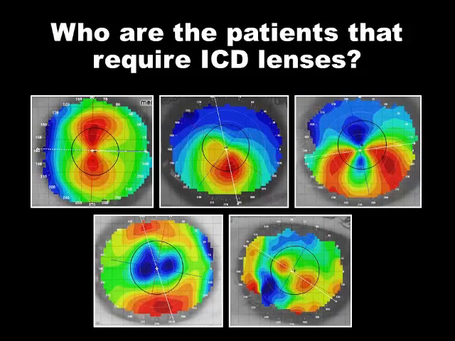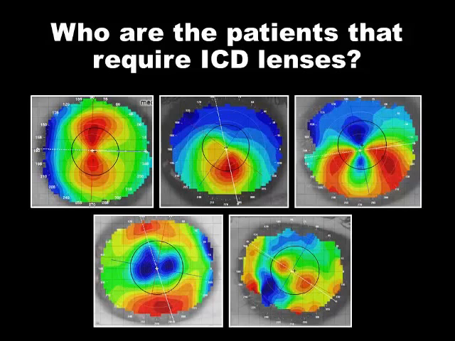Now, who are the patients that are ideal for ICD lenses? The ICD stands for irregular corneal design, and really that's what it was designed for. The very challenging shapes like keratoconus, pellucid, post-refractive surgery, and penetrating keratoplasty.